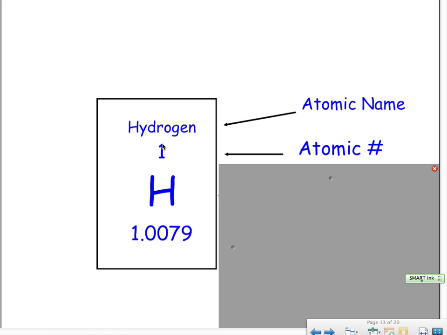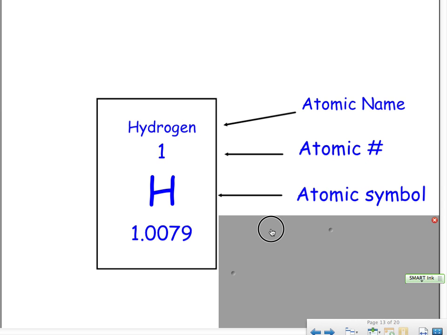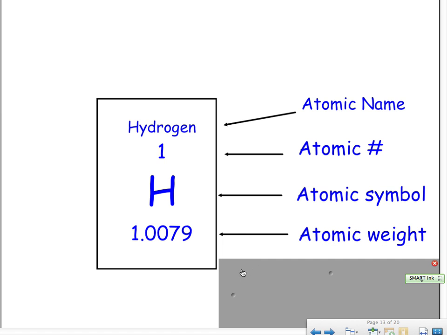The atomic number is the number below the atomic name, and H is like the nickname, or the atomic symbol. And this number here, which actually has a lot of numbers beyond the decimal point, tells us how much the atom weighs, how much stuff there is inside of that atom. So, using this box, we can find out how many protons, how many electrons, and how many neutrons are inside this atom, inside every single hydrogen atom.